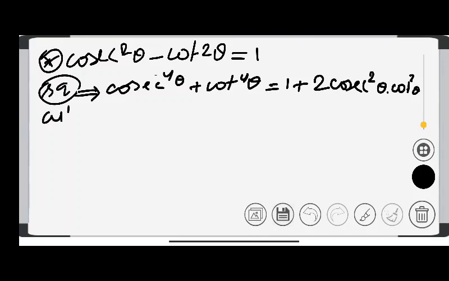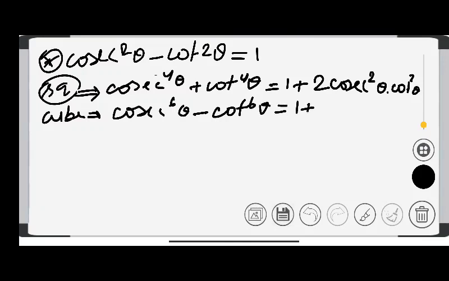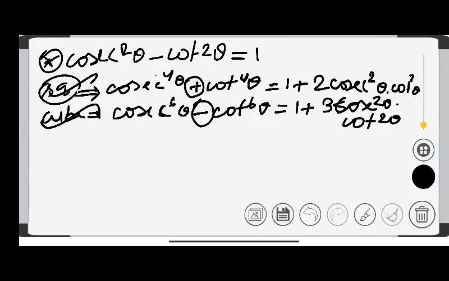If I cube it, I find cosecant power 6 theta minus cot power 6 theta is equal to 1 plus 3 cosecant square theta into cot square theta. So you have to remember all these formulas, and remember all the signs used here.